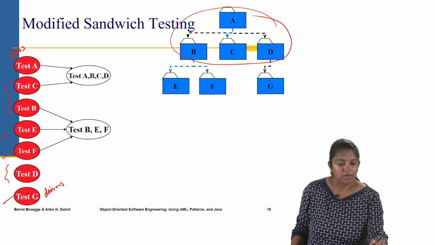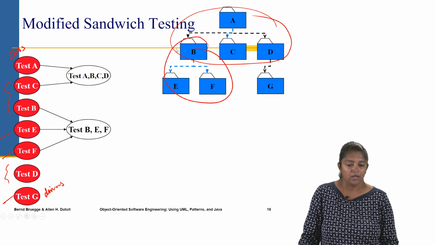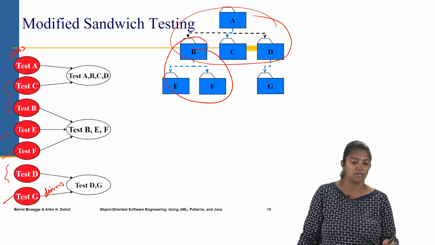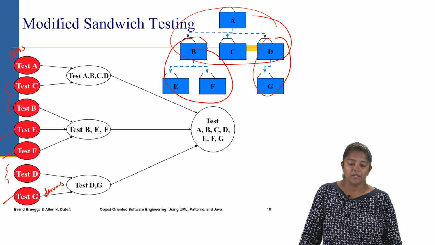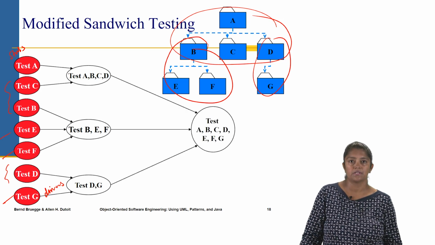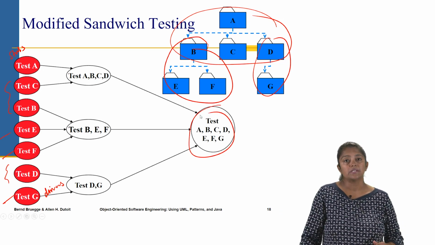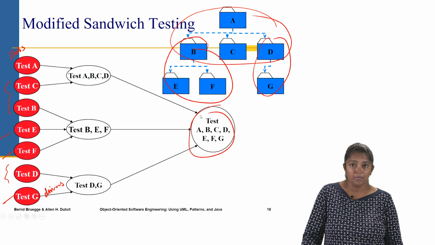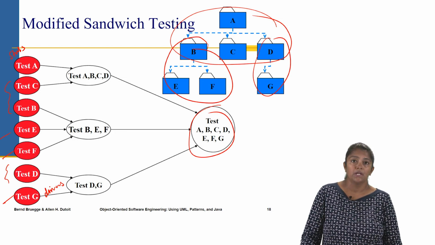Then B, E, F is put together, connecting the middle layer with the lower layer, and then the same thing with D and G. Once that's done, we put the entire system together to test the whole system. In this way, we are trying to maximize testing all of the individual interfaces properly.